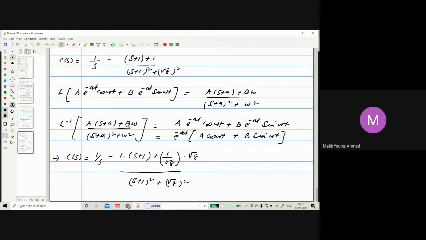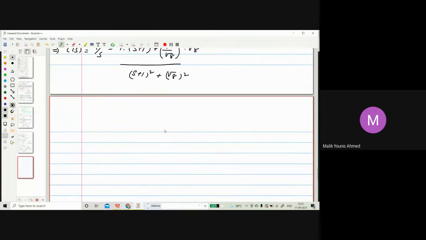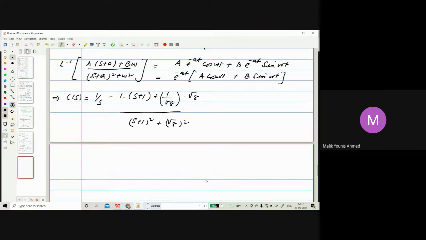But this B I am writing as 1/√8 and I am getting it equal to 1. So exactly I have manipulated this formula and I will get the result on the right hand side now. You can have a look here. So I am just amending the formula. Now I will take the Laplace inverse.